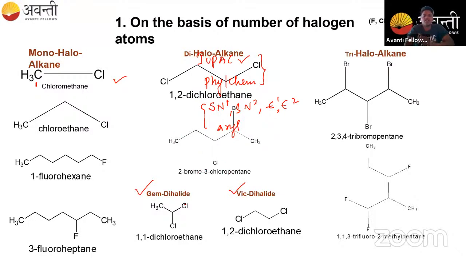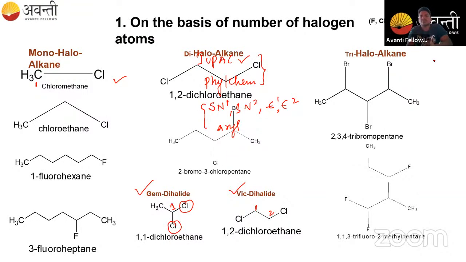Geminal dihalide means both halogens are attached to one carbon. A vicinal dihalide is where the halogens are attached to two adjacent carbons.